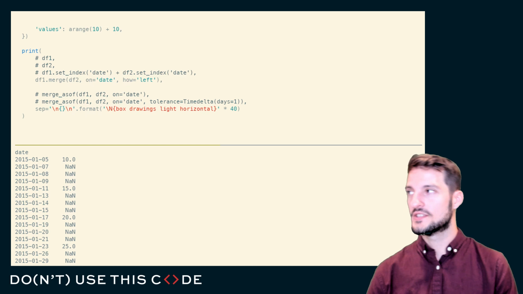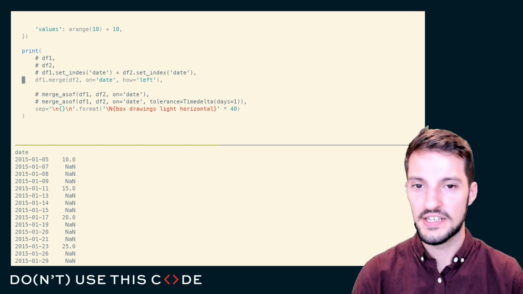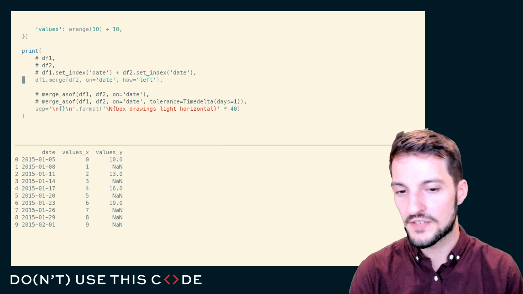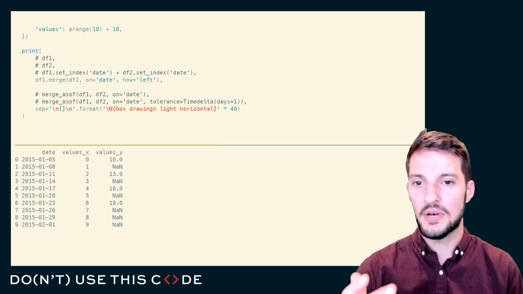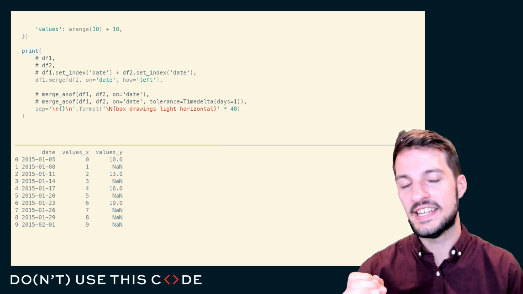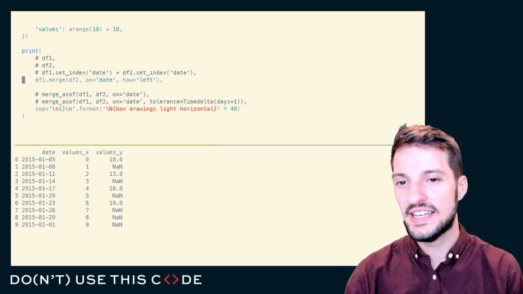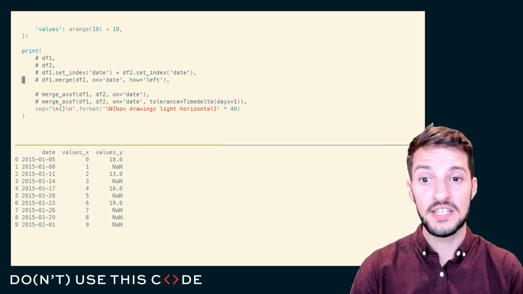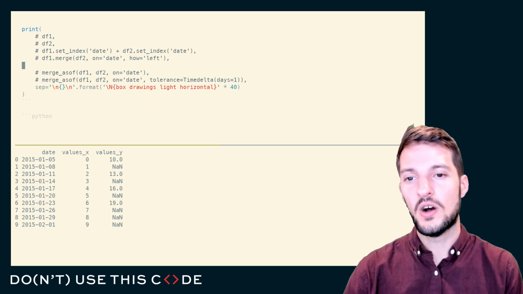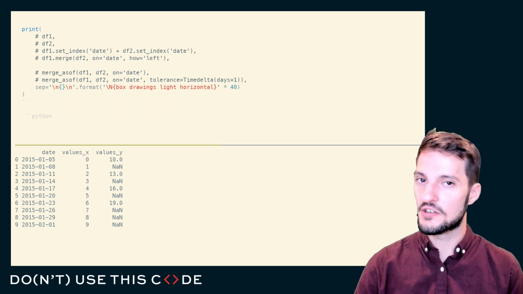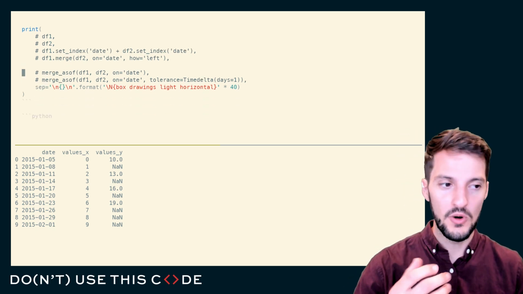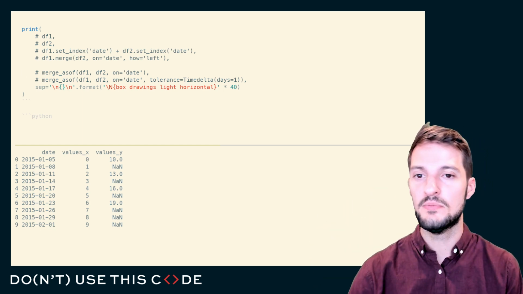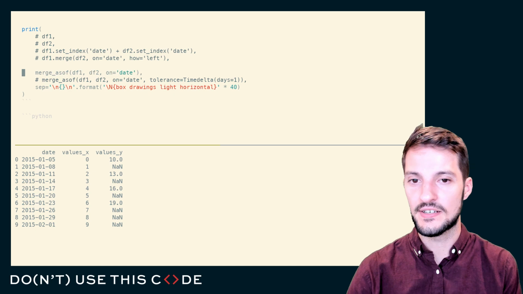But what if I wanted to find the nearest date? You would think that maybe some type of left merge would give us this result, but this left merge is just aligning actual date values and not finding the nearest match for us. And so when we want to align dates based on a nearest match, or maybe we want to align a future date to a past date based on two different data frames, we can use this merge_asof.